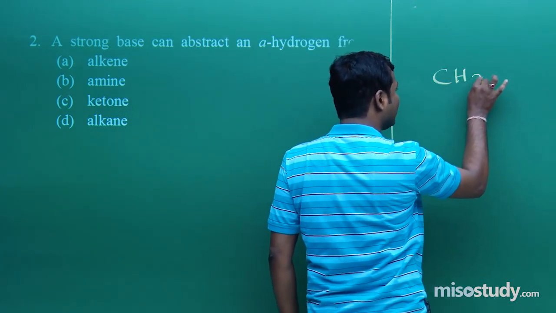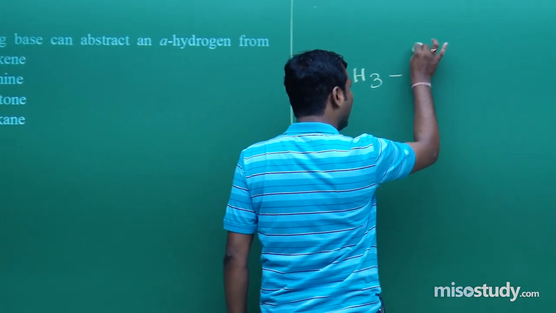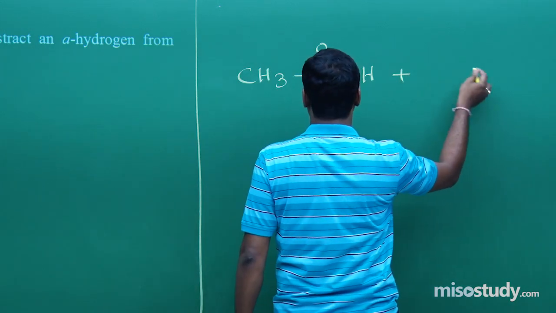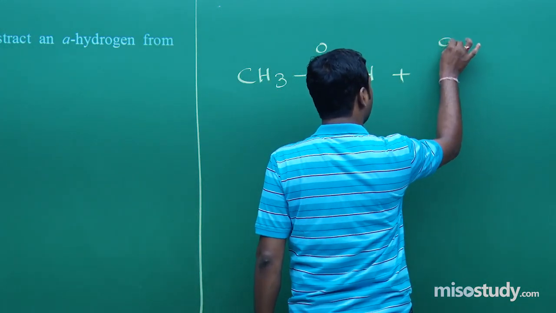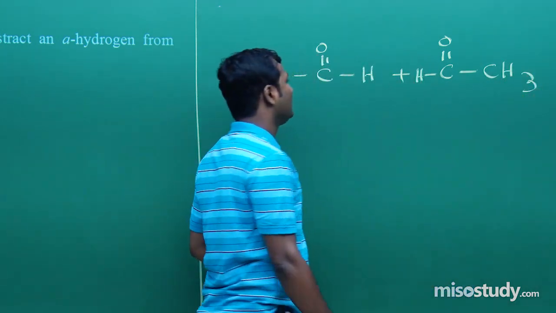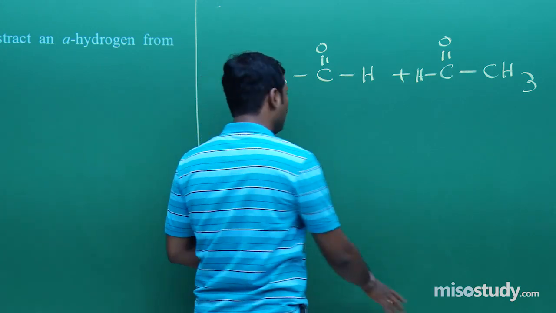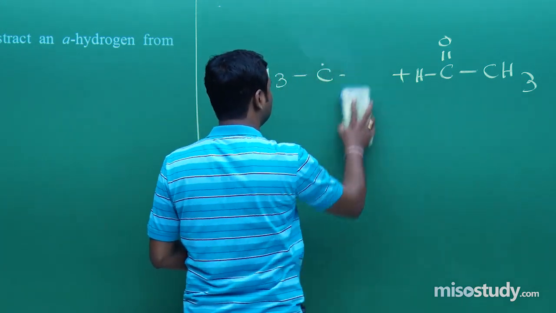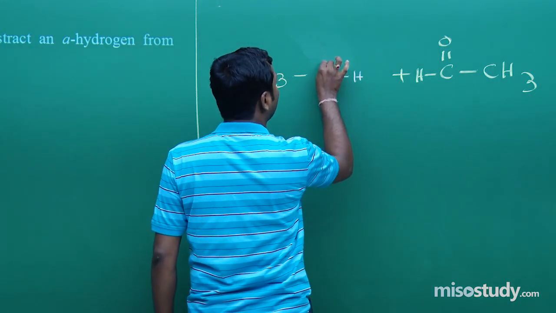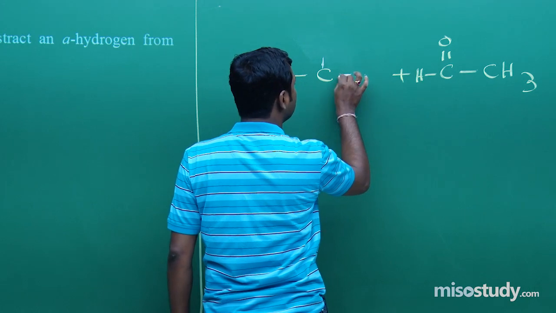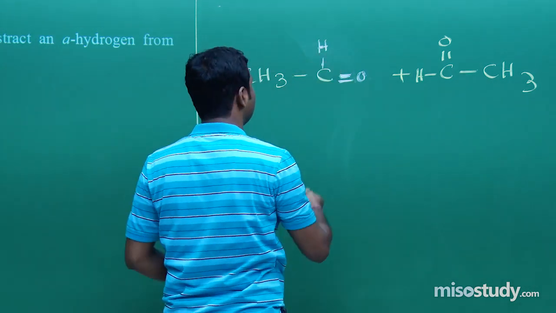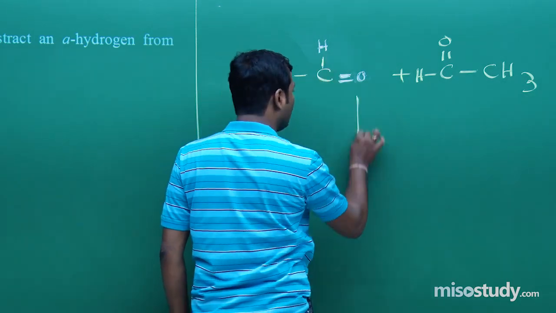That is CH3CHO, this is an aldehyde. Again we put here CHO and CH3. Clear to you? This can be written like this, or you may also write like this, with H, double bond O, and H. This is 2 moles of aldehyde.